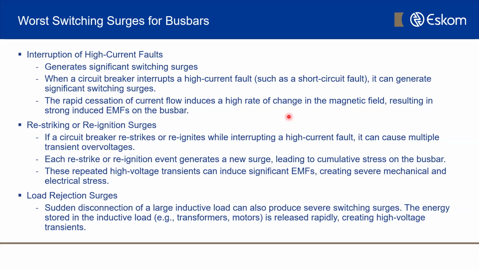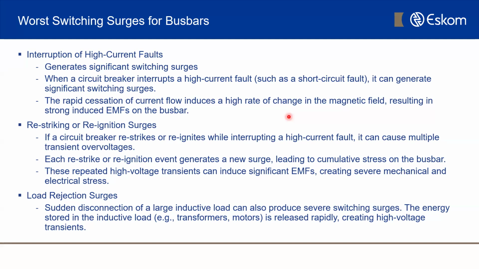And what happens is this type of surge then pushes up the charge on the conductors and thus increasing the magnetic field. And if it repeats quite often, then the transients induced significantly increases the EMFs, creating severe mechanical and electrical stresses. Okay, on our structures, especially the mechanical forces that are created due to this increase in EMFs.